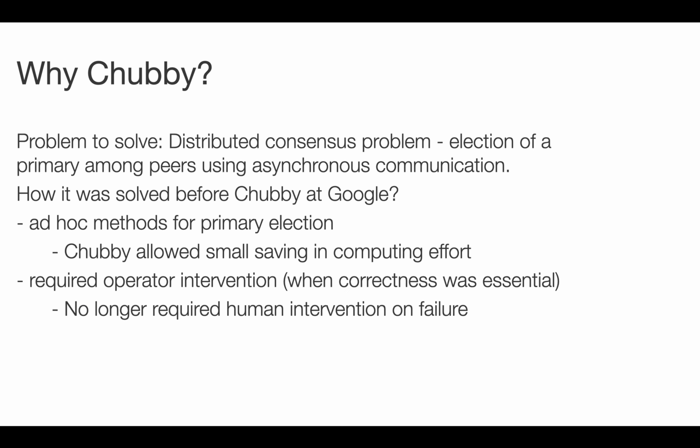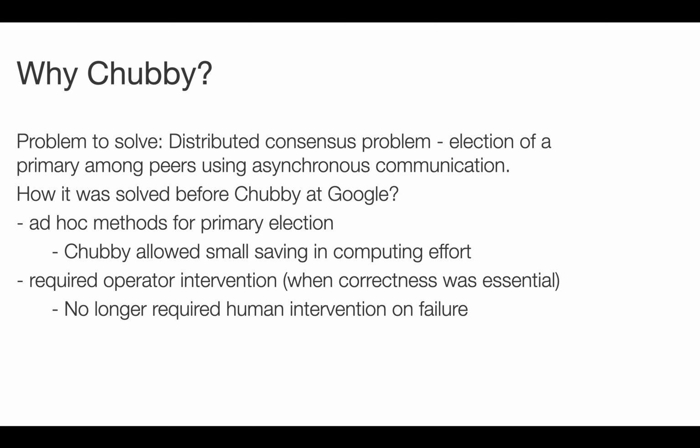Next, why Chubby? Chubby is used to solve the problem of electing a primary among peers using asynchronous communication. This problem is termed the distributed consensus problem by the author. Before Chubby, how was this problem solved? At Google, they used ad hoc methods for primary election when work could be duplicated without harm.